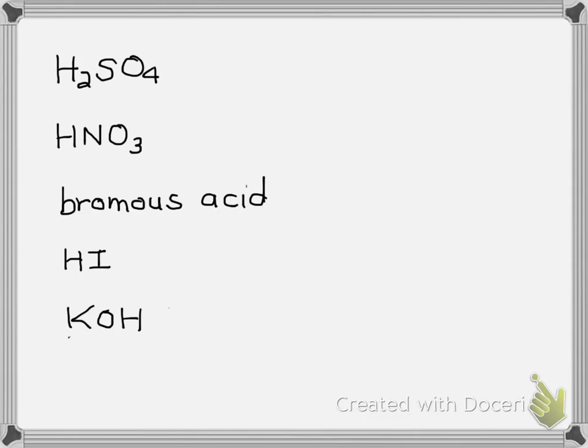So let's try a few examples. If I see H2SO4, I notice that it's an acid. Well, these are all acids and bases because I'm telling you. You could also look for AQ behind it. I didn't write it here because I was just thinking acids and bases. But I could notice it from hydrogen in the front.